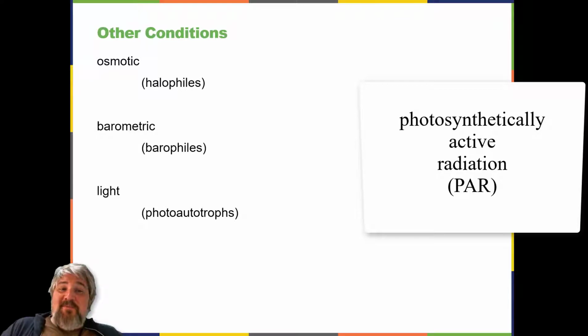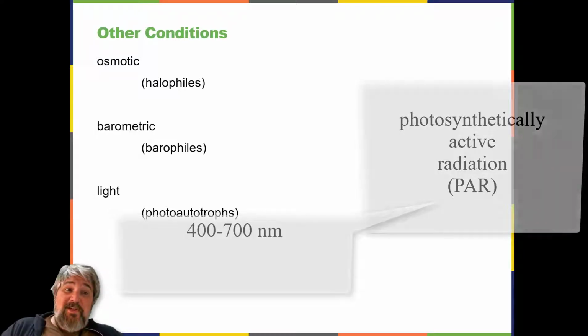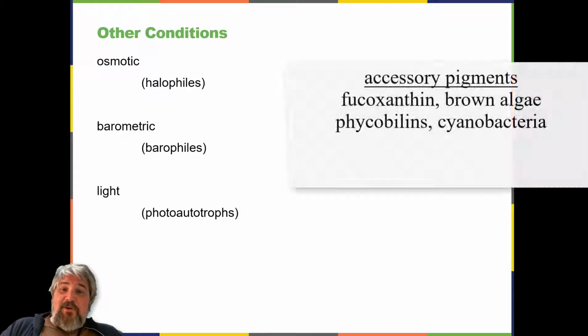It lies within the visible light spectrum ranging from 400 to 700 nanometers and extends into the near infrared for some photosynthetic bacteria. A number of accessory pigments, such as fucoxanthin in brown algae and phycobilins in cyanobacteria, widen the useful range of wavelengths for photosynthesis and compensate for the low light levels available at greater depths of water.